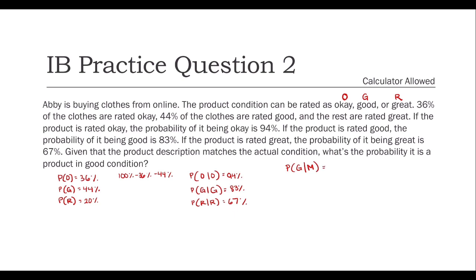So that's going to equal the probability of matching, given it's good, times the probability of it being good, divided by the probability of it being okay, times the probability of that one matching, so times the probability of okay given okay, plus the probability of it being good times the probability of that one matching, so probability of good given good, plus the probability of it being great times the probability of that one matching it, so probability of great given great.